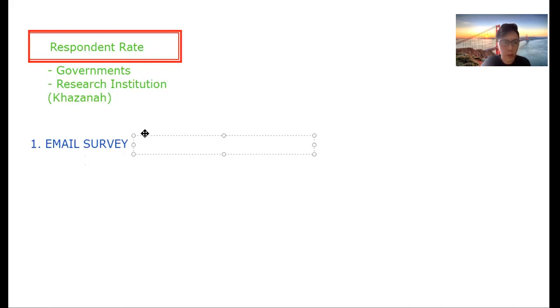The email survey respondent rate is 0.5%. Make sure you understand this word clearly.